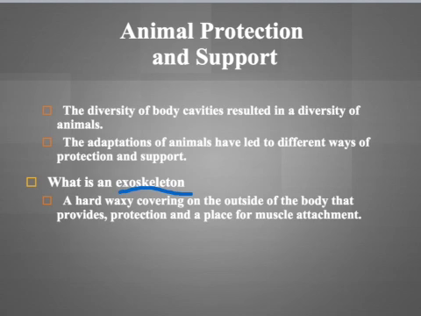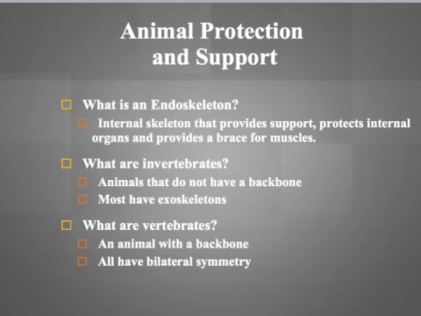And normally these exoskeletons are actually made of this little term, which we noticed in fungi, which is called chitin. And then you also have the endoskeleton in animals that are vertebrates. I think you guys know most of that. It provides protection and support. And then you have the difference between invertebrates and vertebrates. And that is pretty much it for this.